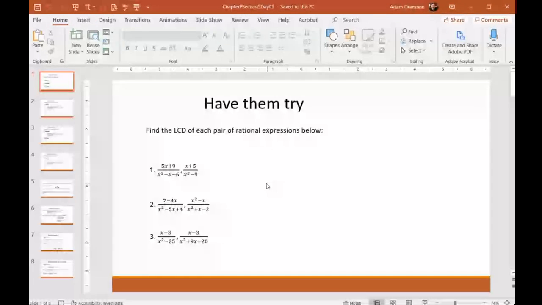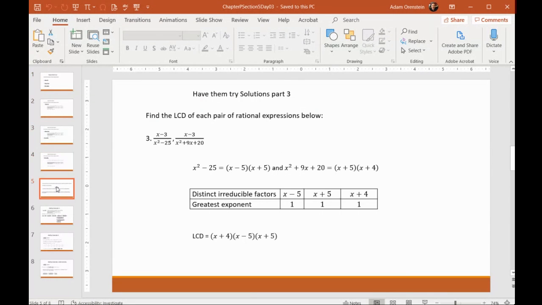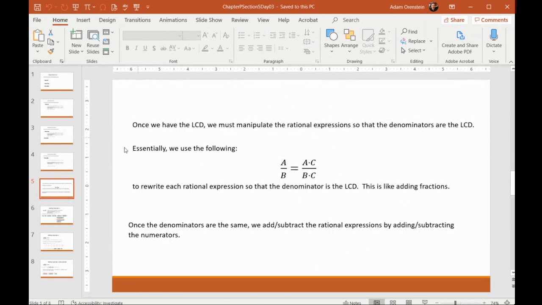Okay, I don't really have much time to do these, so we'll probably do them next time. Let me start with the next material. I will cover this as well next time, but let me at least start going through it. Basically, what we're going to see next time is how we can use the LCD to actually add and subtract these rational expressions.